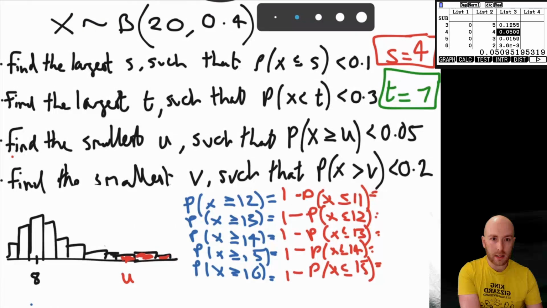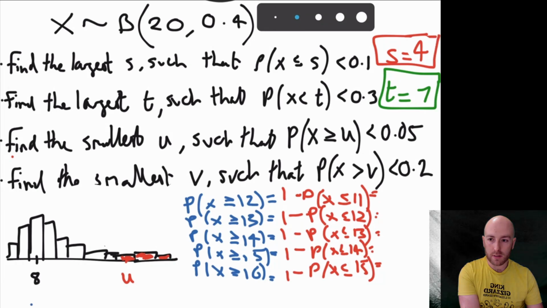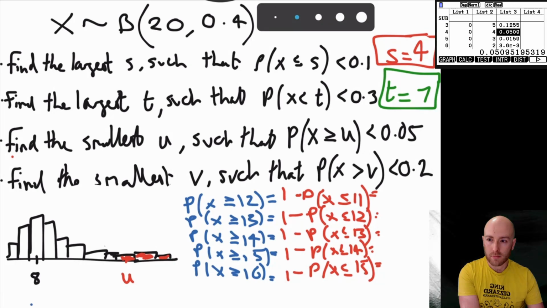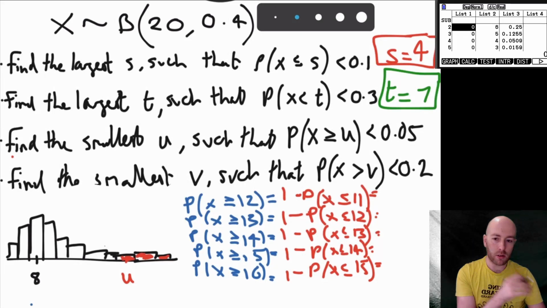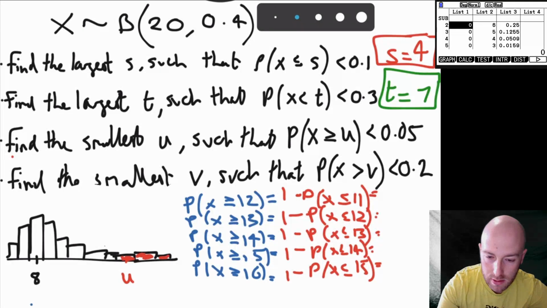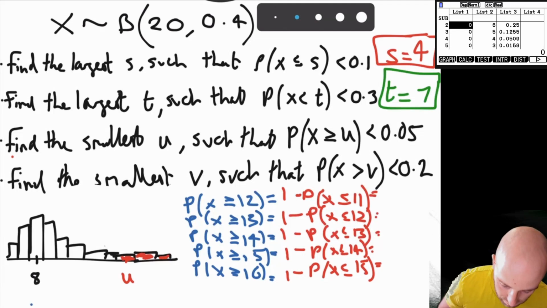So I'm going to go back to the calculator. We're going to need to type in some new values this time. So in table, well, let's ignore that for a sec. I'm going to do this on the class whiz calculator instead. So remember, less than or equal to 11, 12, 13, 14, and 15.